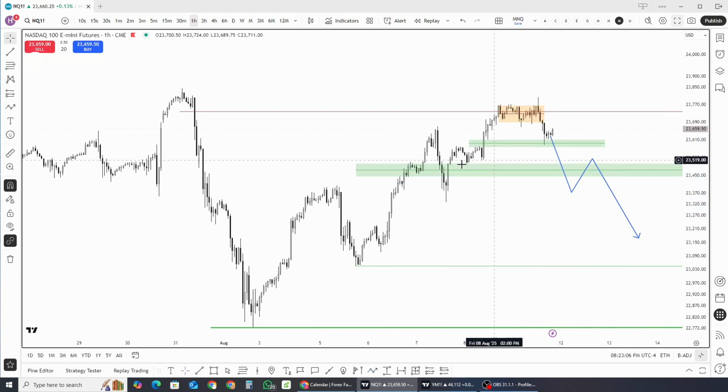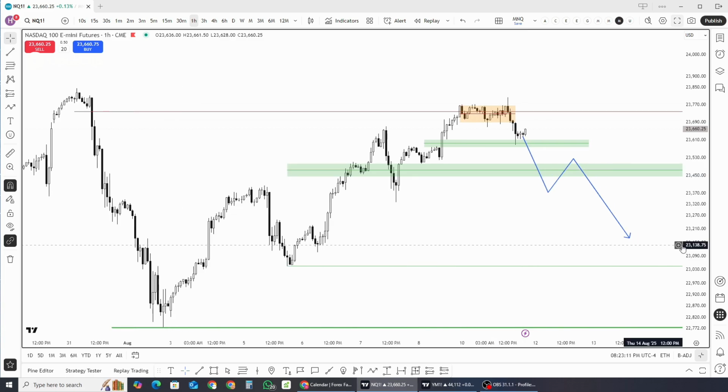So I want to see really if it holds these key levels that we've highlighted. The week ahead of us has multiple red folder news days, so we can see some volatility in the market and price doing some big moves and coming down to these areas where liquidity is resting on each of these swing lows on this uptrend if it breaks structure towards the downside.